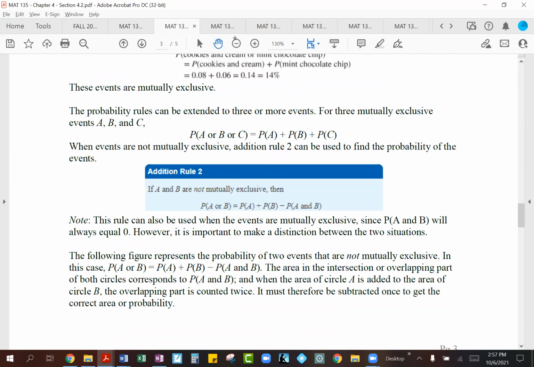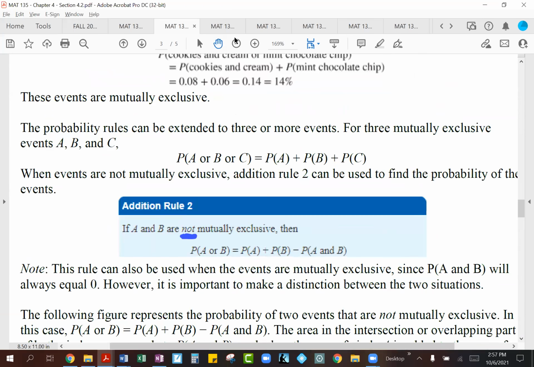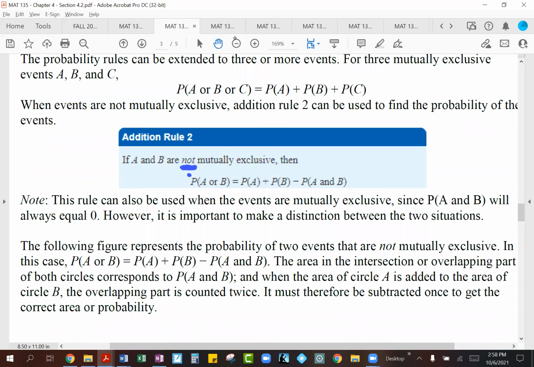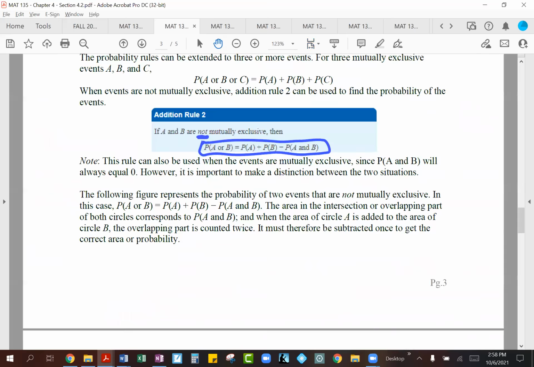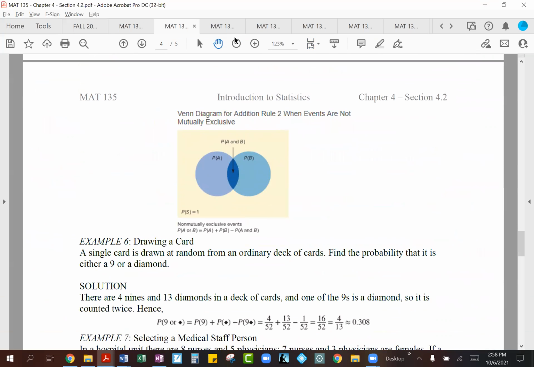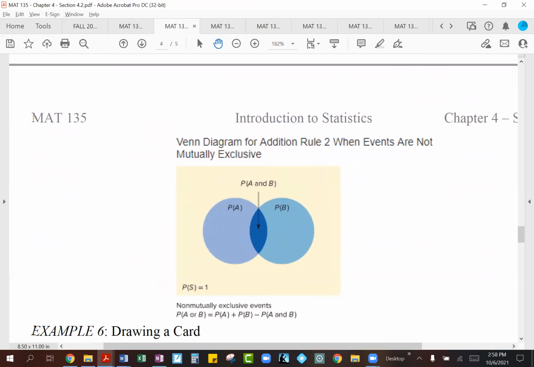But if events are not mutually exclusive, then you will see how different this rule is, because here you're adding each of the individual probabilities, right? So we're adding the probability of A with the probability of B, but then we are subtracting the probability of A and B, and that A and B represents the intersecting portion.